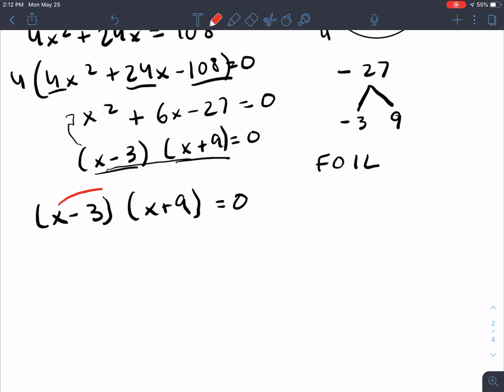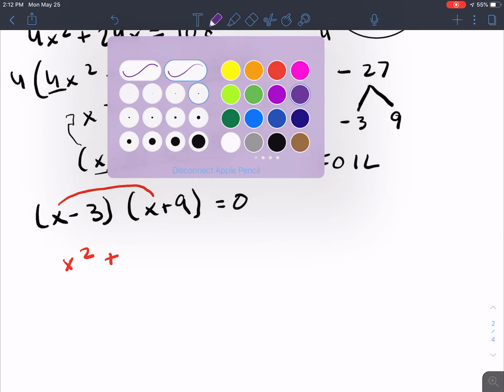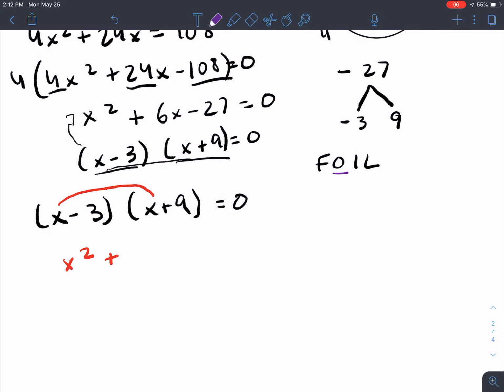So here would be x and x. That would be x squared plus the outside would be x times 9, would be 9 times x. And then the inside would be negative 3x. So that would be minus 3x.